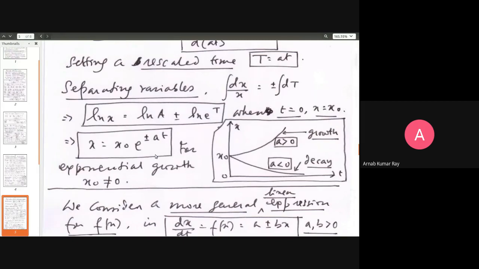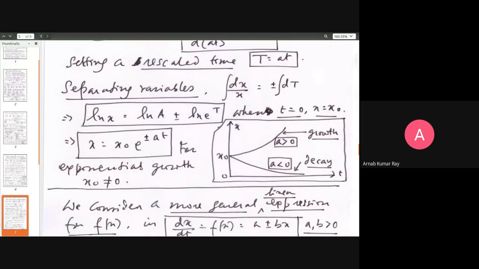So if you start with a 0, then anything multiplied with 0 will always turn out to be 0. Right? So that is the problem over there. Exponential growths follow geometric progression. That is why you must be careful.